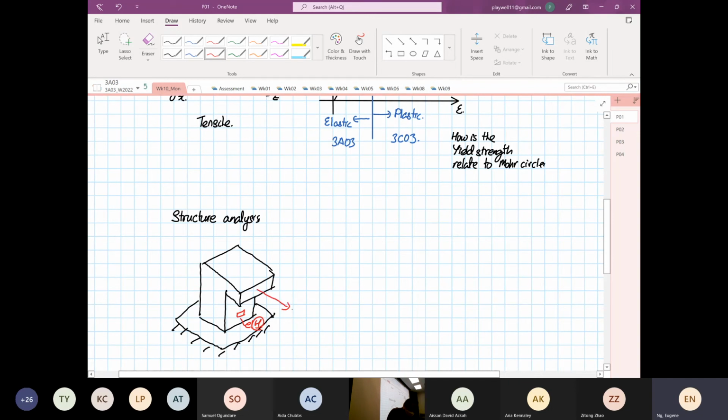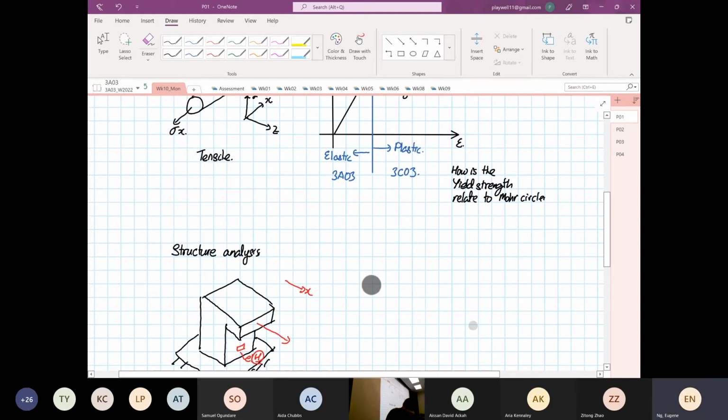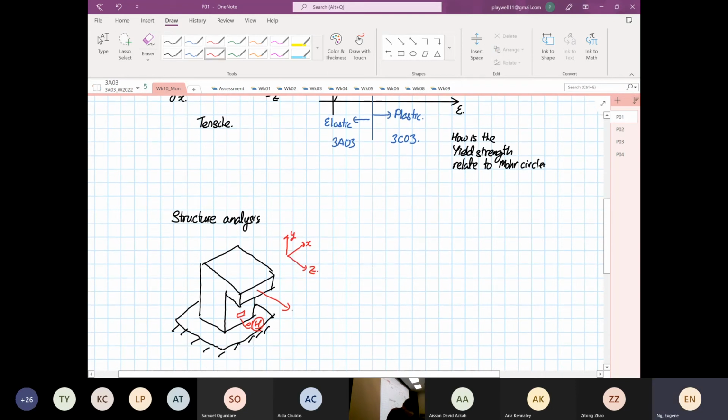I'm going to call this our X, following the transformation over there, this is our X, our Y, and this is our Z. So this is our PX, PZ, and then we have another force acting down here, which is our PY, right?